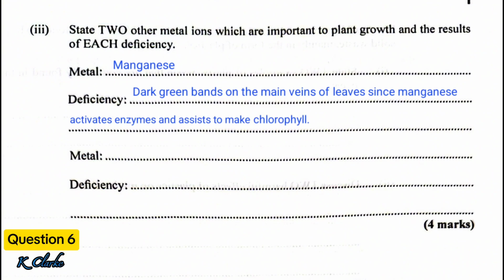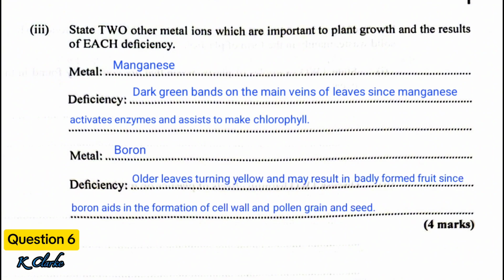Another metal is boron. The deficiency is older leaves turning yellow and may result in badly formed fruit, since boron aids in the formation of cell wall, pollen grain, and seed.